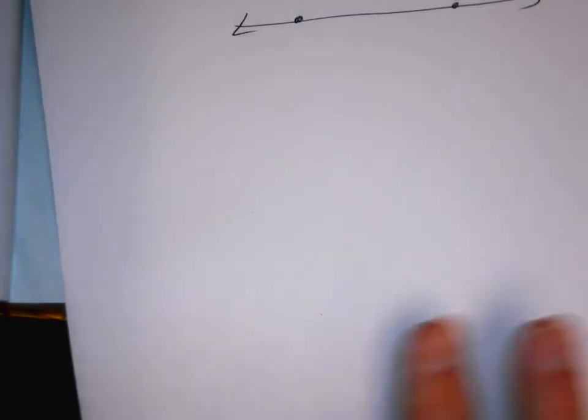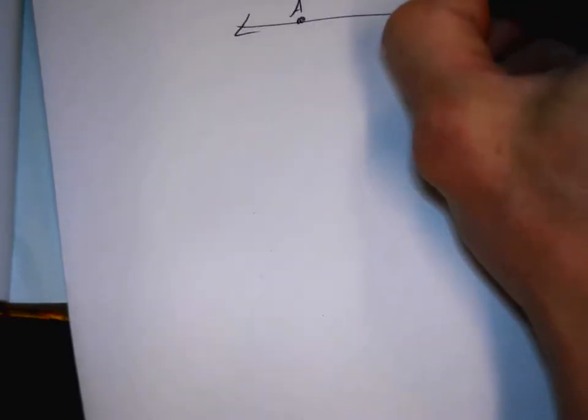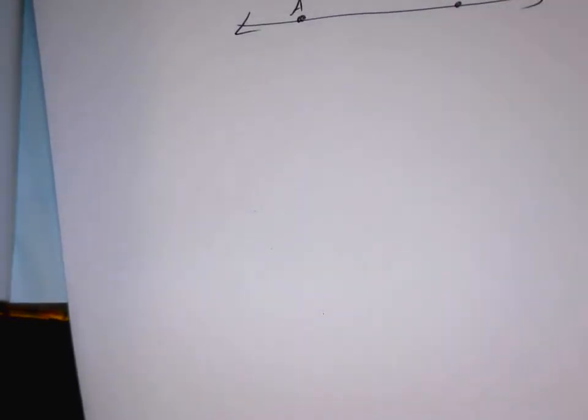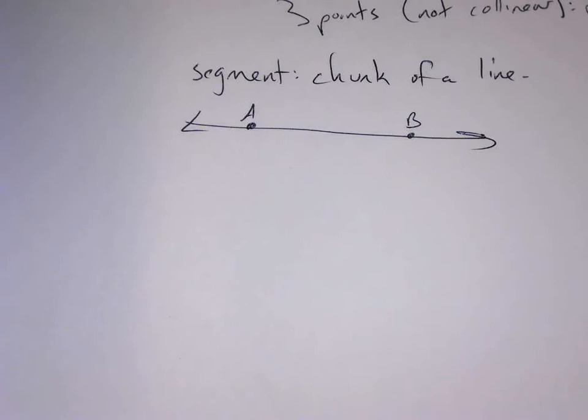So what's a segment? Okay, a segment is basically a cut-off chunk of a line. So I'll call it that, the chunk of a line. So if you have a line here, it's a line AB. Let's say this is A and this is B. And that's a line. So a segment is a chunk of that line.